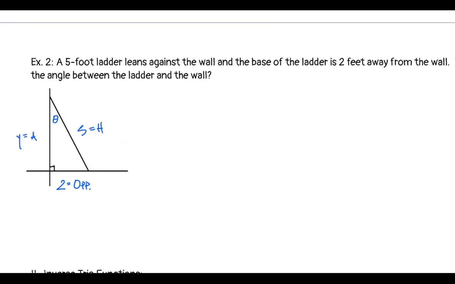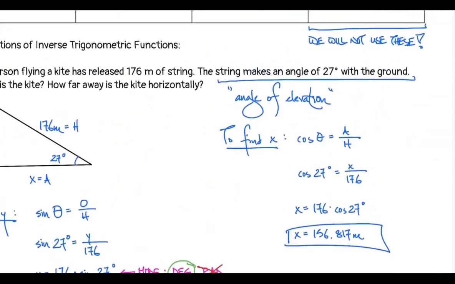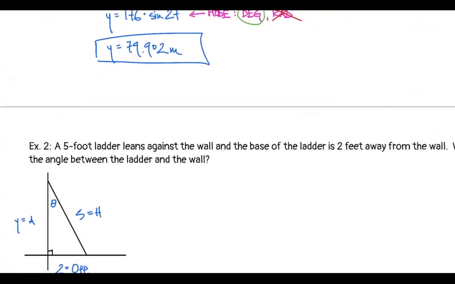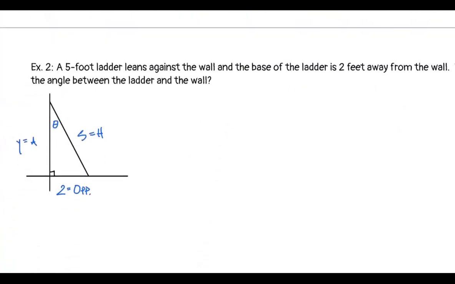Okay, but one point I want to make before we move through the question is that in the previous question, I said that this angle was the angle of elevation. And this is also a very common mistake that I saw on a recent quiz. A lot of people lost points because they didn't label the right angle when it said angle of depression.